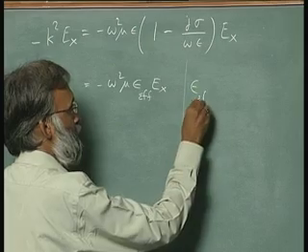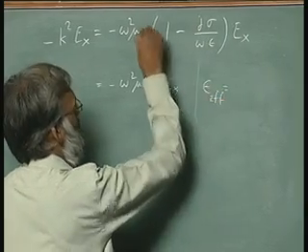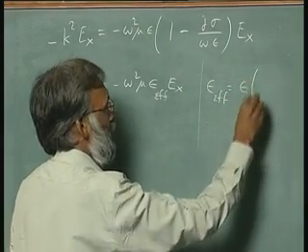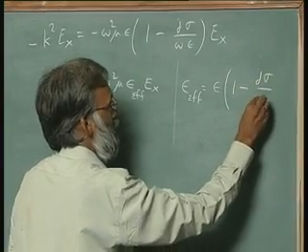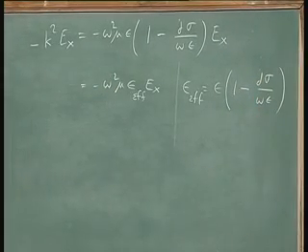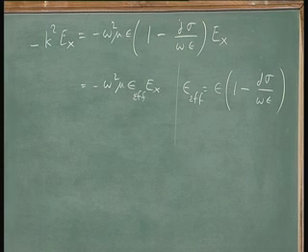Epsilon effective is the real epsilon times 1 minus j sigma over omega epsilon. It is just a convenience.